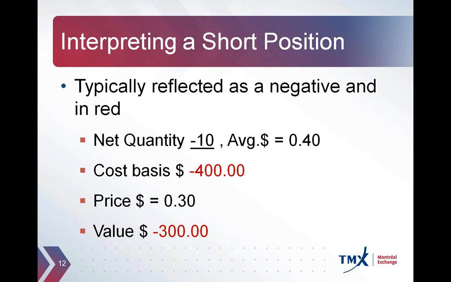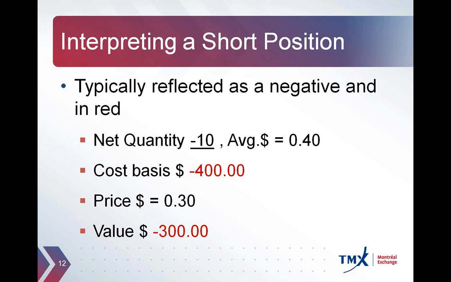But at that moment, based upon its market value, even though you've collected $400 cash and it appeared in your cash balance, you have a $400 liability. Eventually you're looking for that liability of $400 to expire worthless, so you get to keep the $400. But at this moment, it's worth -$400 because that option is trading at 40 cents for 10 contracts.